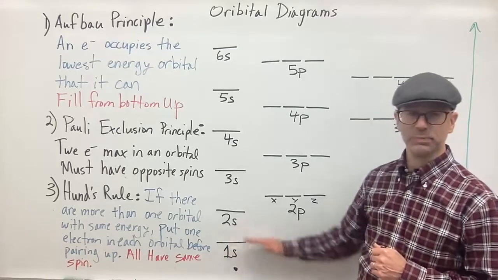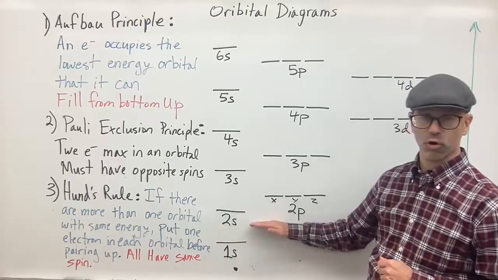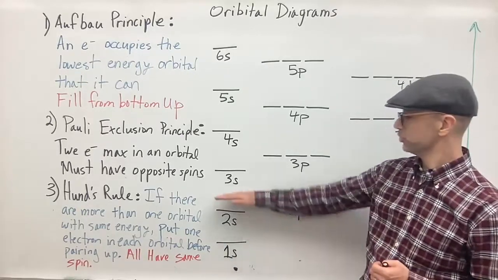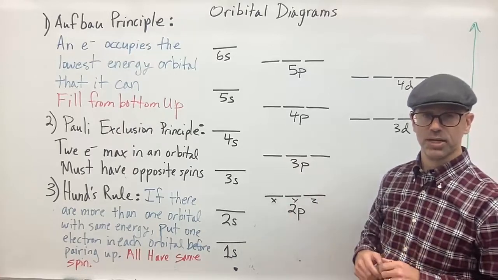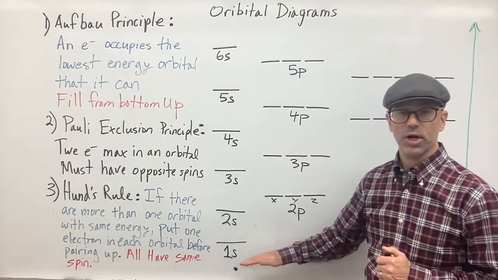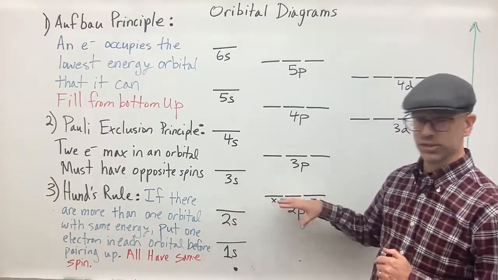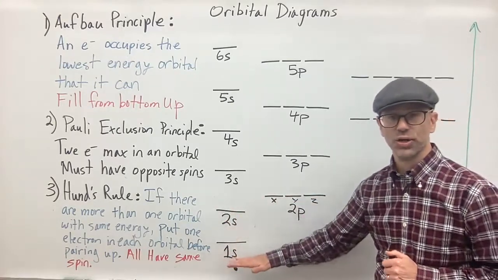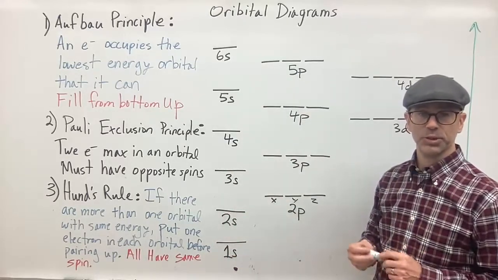So if all of the space down here is filled, then they have no choice but to go to the next floor. And if that's filled, they have no choice but to go to the next floor. But they want to have the lowest energy possible. So when you start putting electrons into your atom, into the different energy levels, you're going to start low and work your way up. Okay, so that's the Aufbau principle.